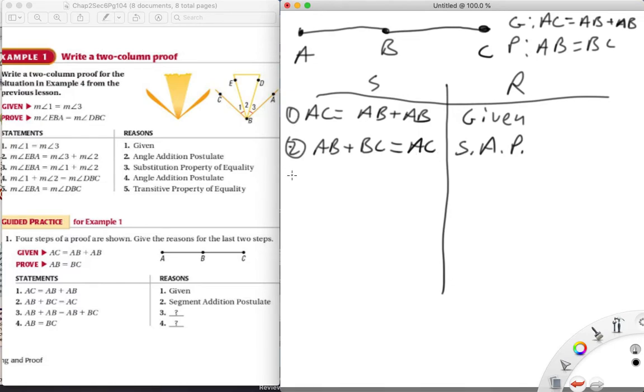Next step they give us is AB plus AB is equal to AB plus BC.